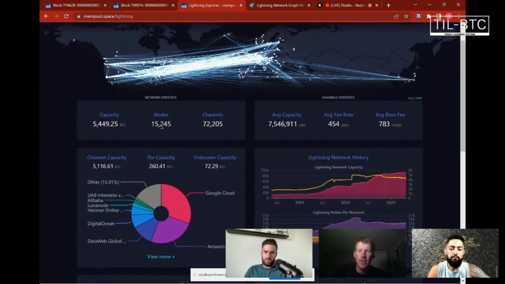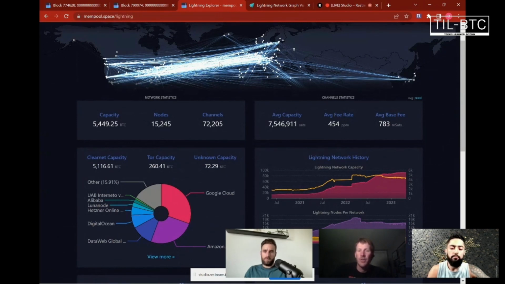Everybody running all that stuff, those are all running over Tor for the most part. So all the plebs are running these Tor Lightning nodes, and they account for about two thirds of the total nodes on the network. This map can't show their location because it's using IP addresses and Tor masks all that, which I think is really bullish, because nobody knows exactly where all these nodes are. I think that's great.